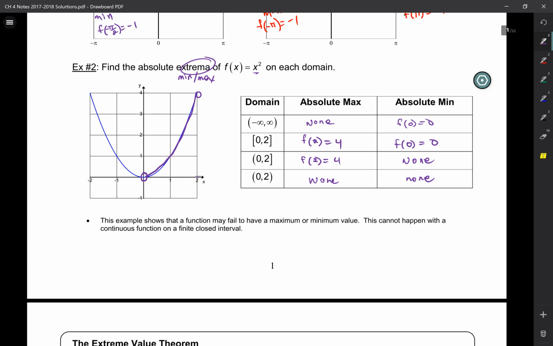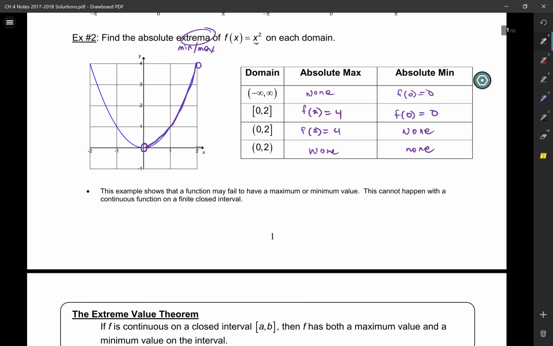You see what I mean? But I'm confused why when the brackets are around 0 to 2, you get f of 2 equals 4 and f of 0 equals 0, why wouldn't that be for the parentheses? Because if it's a parenthesis, this is open. That point, you can't touch it. It's off limits for you.